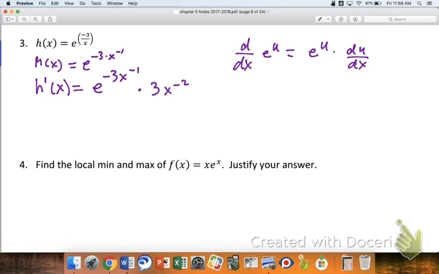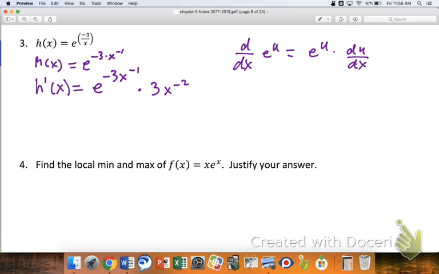Now we've built into that, there's a new one. We did derivative of natural log, right? That was a new skill. Derivative of e to the u, that's another new skill. Make sense? Okay, fair enough. So that's just sort of a check to see if you're getting this new skill. Do you have any questions on 3? Okay, so then number 4.